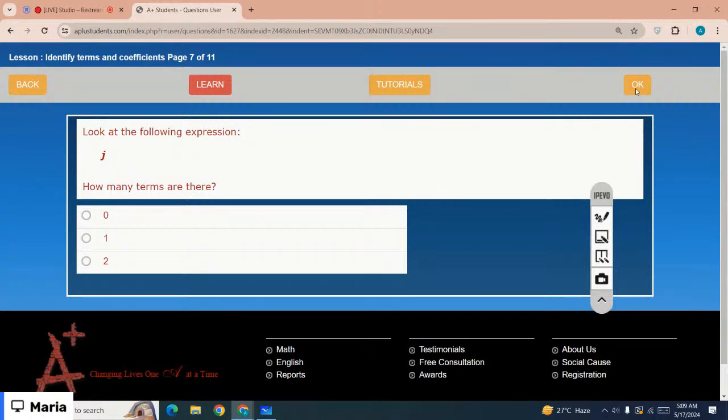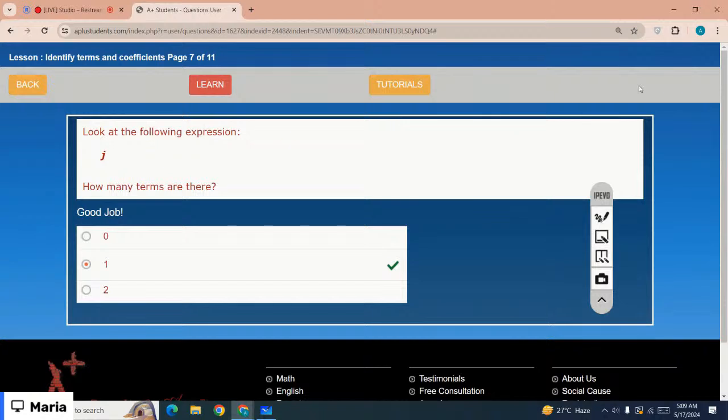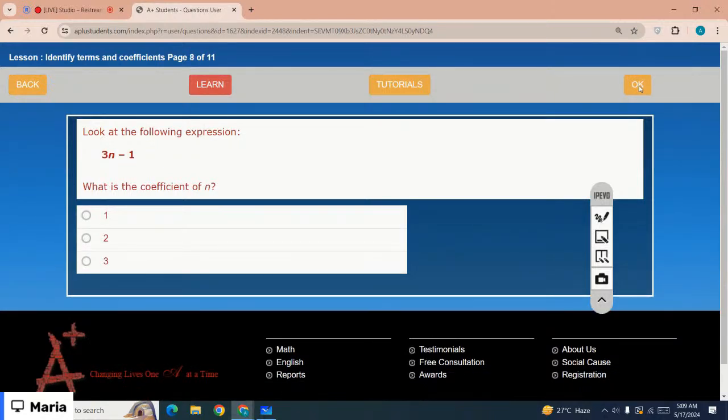Look at the following expression. How many terms are there? Only one term. J is the only one term here. Look at the following expressions. What is the coefficient of n?